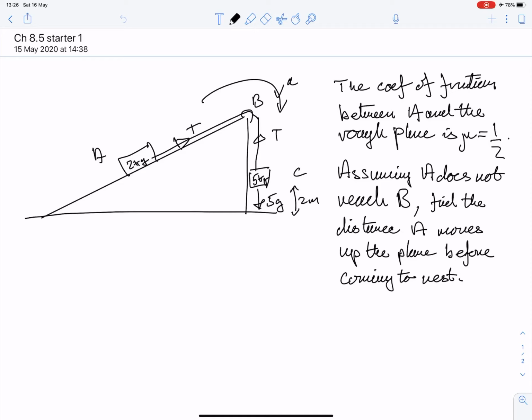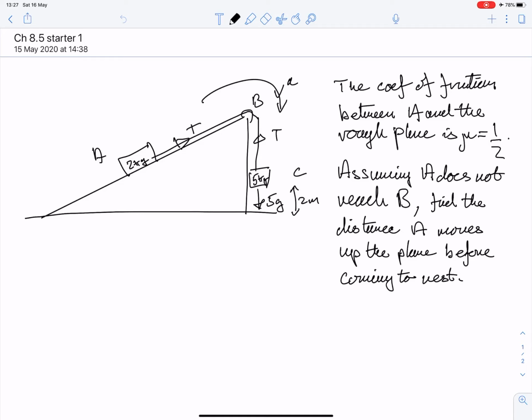The coefficient of friction between A and the rough plane, so the plane is rough, is mu equal to 1/2. Assuming A does not reach B, find the distance A moves up the plane before coming to rest. So I want you to put the additional forces on the diagram that are currently missing.